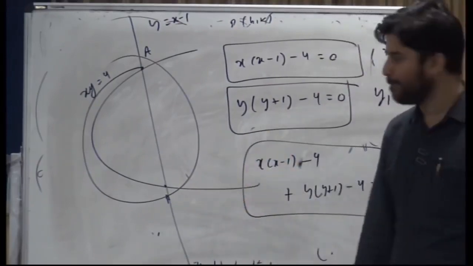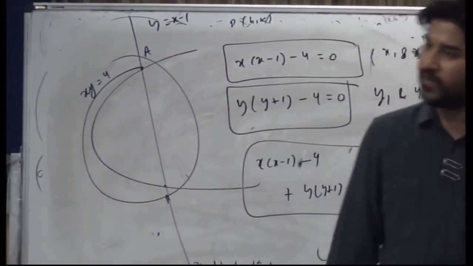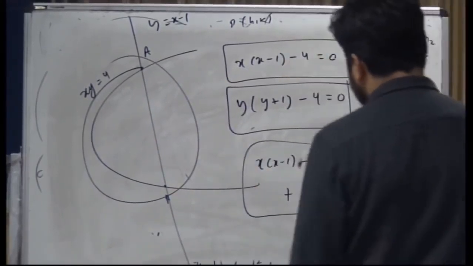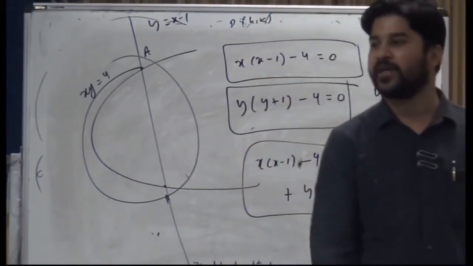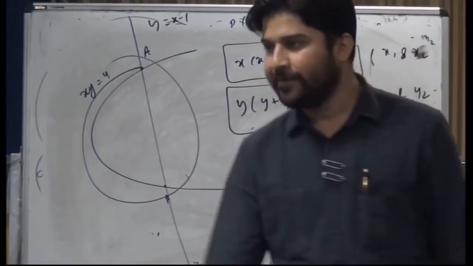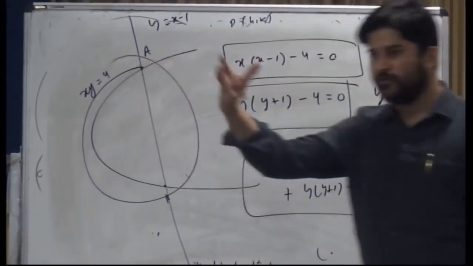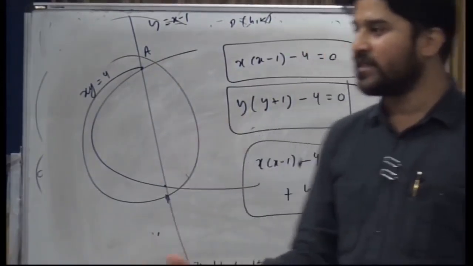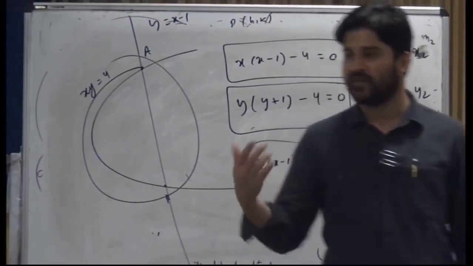I'm explaining it again. See, you have a hyperbola xy is equal to 4 and you have a line AB. AB intersects the hyperbola at points A and B, and those points A and B are the endpoints of a diameter. When the endpoints of a diameter are given, the equation of the circle is x minus x1 into x minus x2 plus y minus y1 into y minus y2.